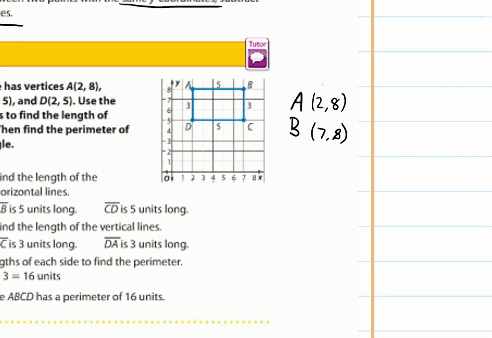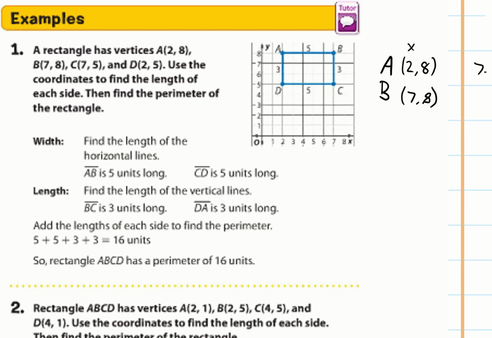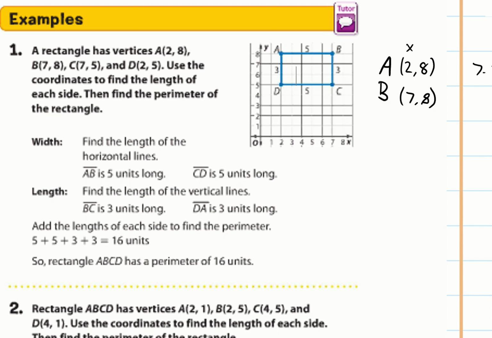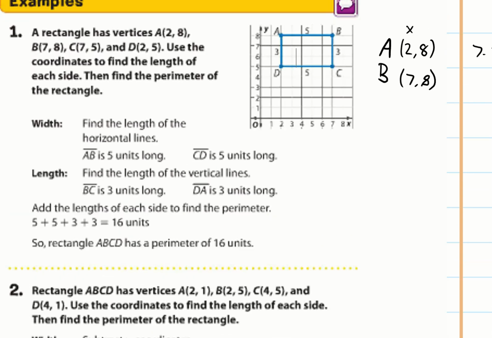So 7 minus 2 equals 5. And that's how we get the 5 here. So either method works. After finding the length of all 4 sides, we have 5 plus 5 plus 3 plus 3. So our perimeter is going to be 16 units.